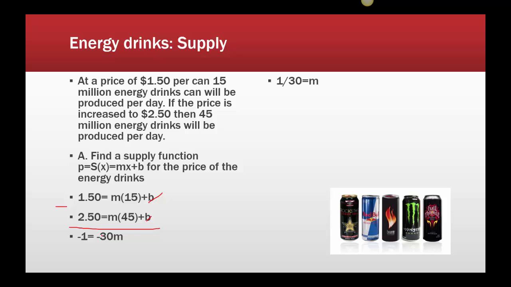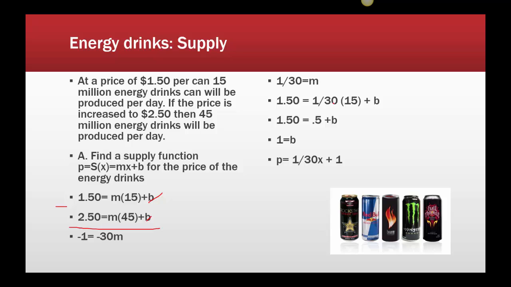So I have 1 over 30 equals m, which of course I'm going to plug back in. So I have my 1.5, which was the first equation here. M I know is 1 over 30. The x was 15, and I have b. 15 over 30 is a half. So I move the 0.5 over to get b by itself, and I just find out that b is equal to 1. So here's my price, 1 over 30x plus 1.